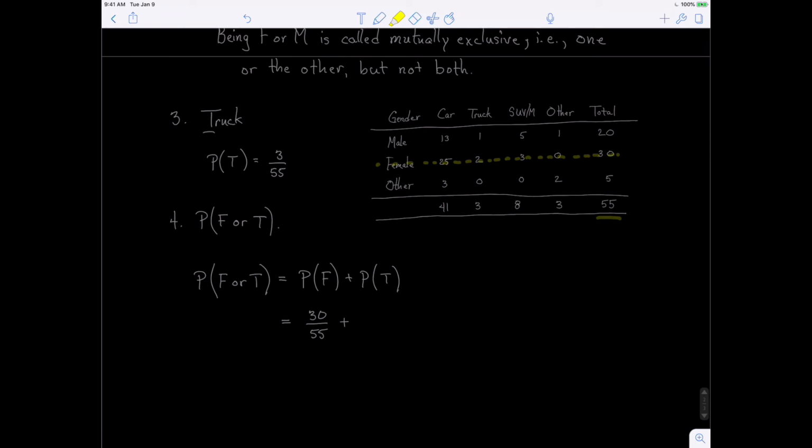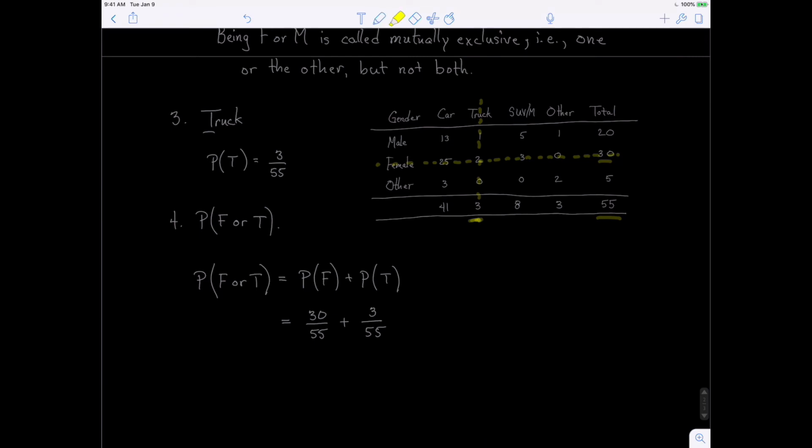now let's look at the probability that someone drives a truck. Well, here's my truck, it's in the columns. So the probability that someone drives a truck, well, now we're looking at the 3, whereas here's the 30, here's the 3. So this is 3 out of 55. Now, you could add those up, but there's something else that needs to be observed, and that's this.